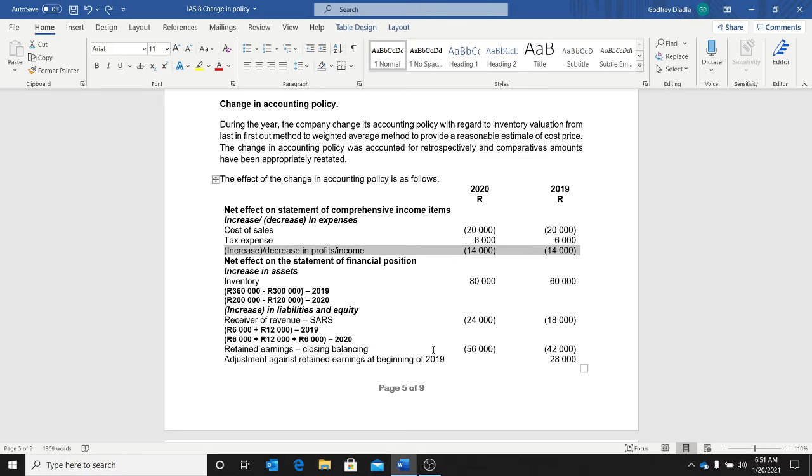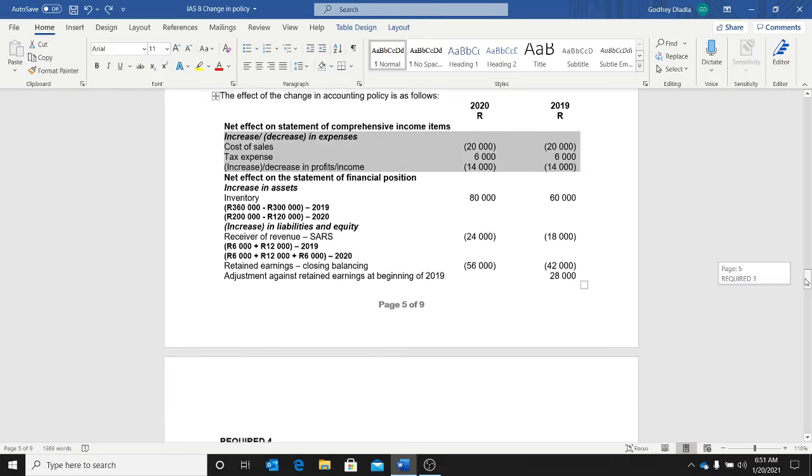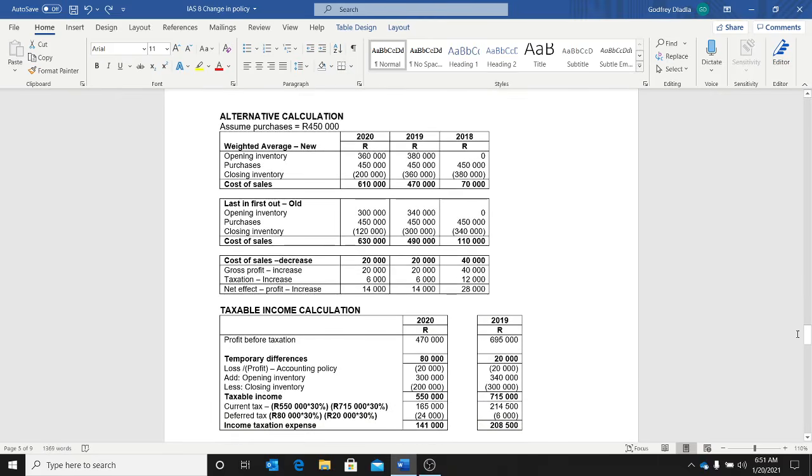One nice thing about this whole part here, let me show you, is that you are taking this from the calculation and then you are plugging it there. Look at it.